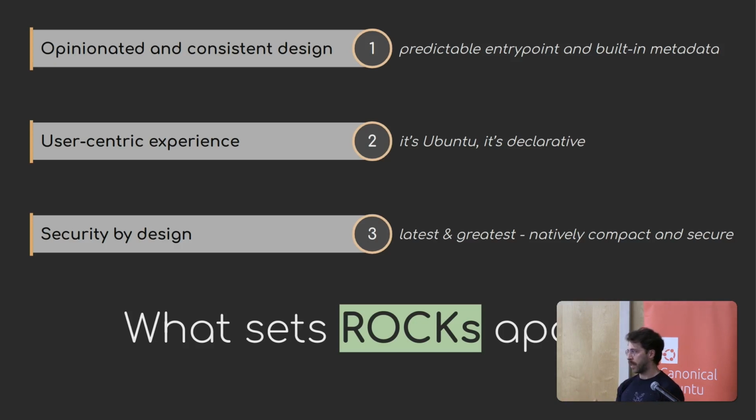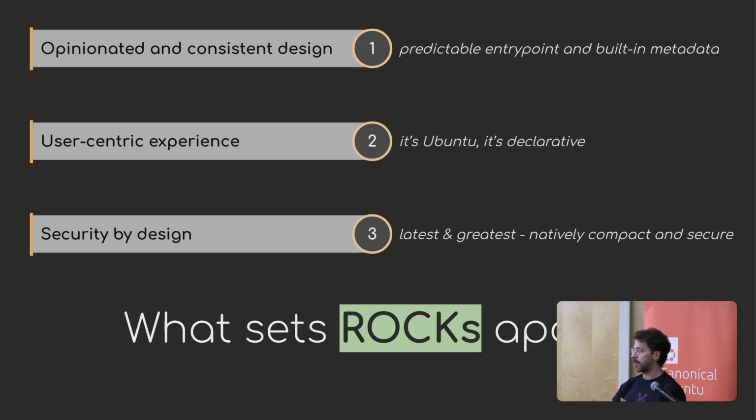The second part is that it's all declarative. You want to make this experience super easy. So YAML files, for example, instead of being imperative, you don't need to write scripts. You don't need to be tech savvy to build a container image. They should be accessible. They are a commodity nowadays. And it's Ubuntu. And then it's the security by design. So trying to go back to that survey, because we use Ubuntu LTS, you are guaranteed that when you build a Rock, you always get the latest and greatest because Ubuntu is refreshed very often.